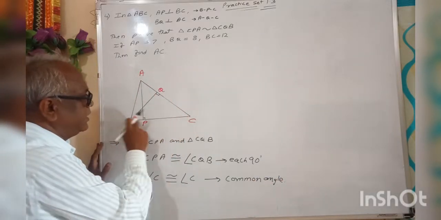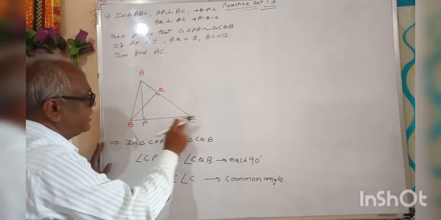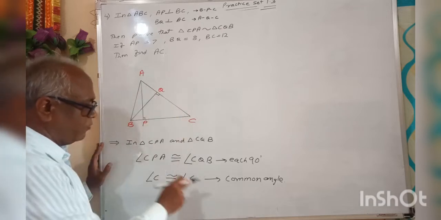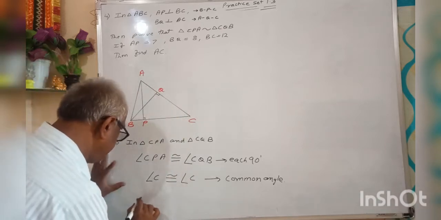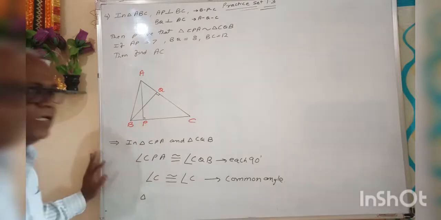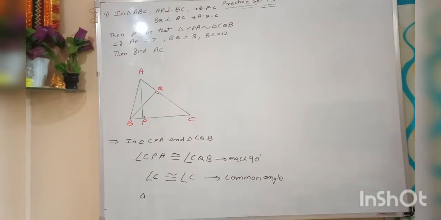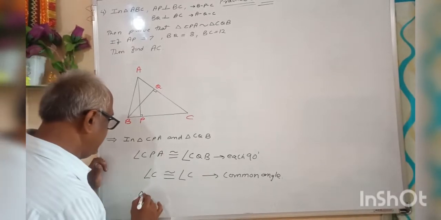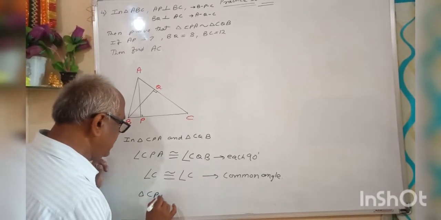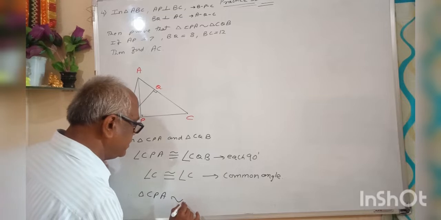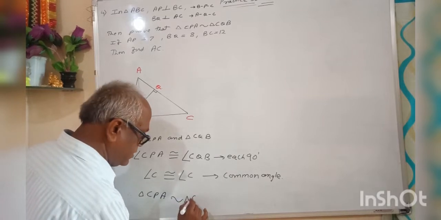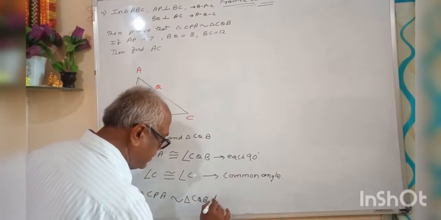For this triangle and for this triangle, this angle is common. Therefore, the triangle CPA is similar to the triangle CQB by AA test.